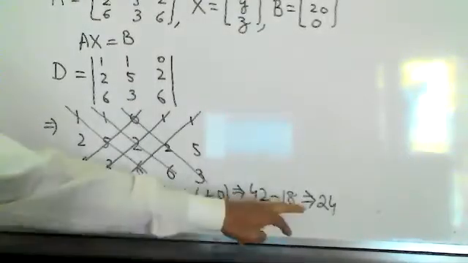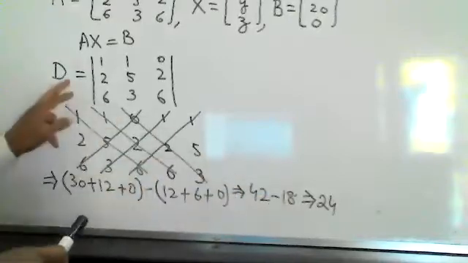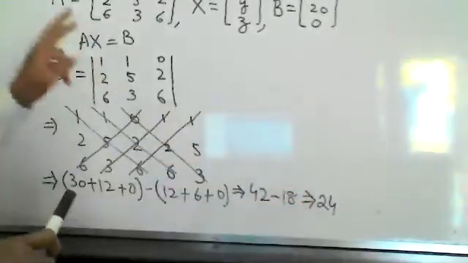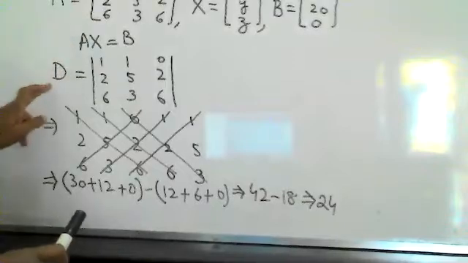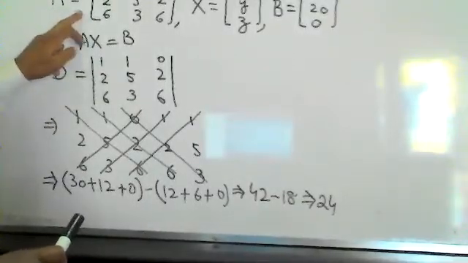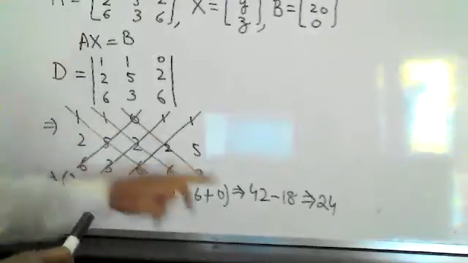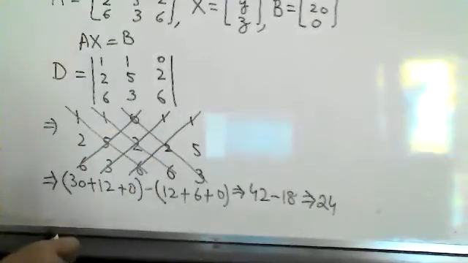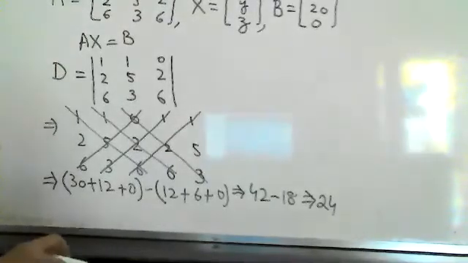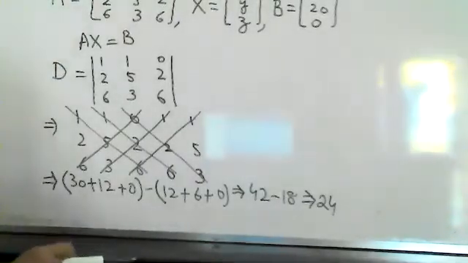When the evaluation of the determinant is 0, it means this is a singular matrix and this is a singular determinant. And singular matrices cannot be solved further. If D is 0, we cannot solve it further.